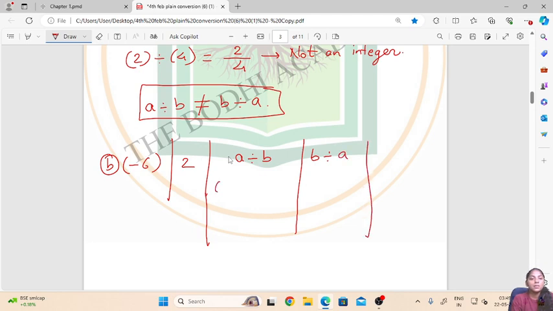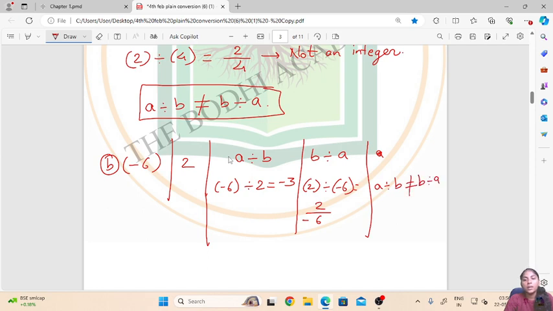So let us see, we have minus 6 divided by 2, which will be equal to minus 3, because 3 2s are 6. Then we have 2 divided by minus 6. Now what this will become? This will be 2 by minus 6, which is not an integer, and here also we will get a divided by b is not equal to b divided by a.